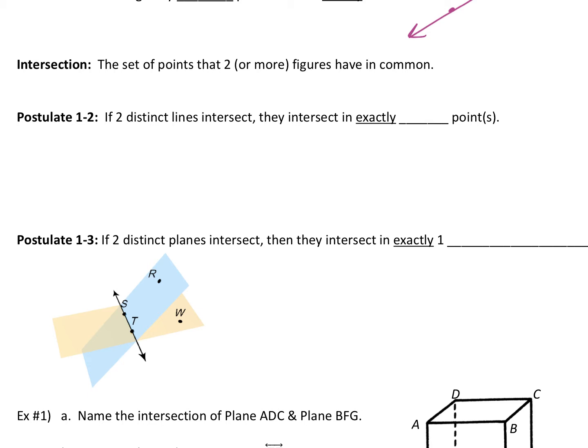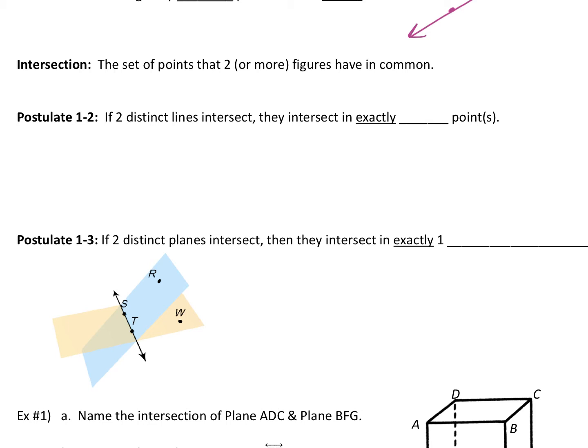It's where things meet up, right? This road meets up with this road. Well, in geometry, it's no different. It is where things meet up. So we're looking for a commonality, something that is the same about our 2 figures, our 2 lines, our 2 planes, whatever it is that we're talking about. So we're going to do some intersecting here with this postulate 1-2.